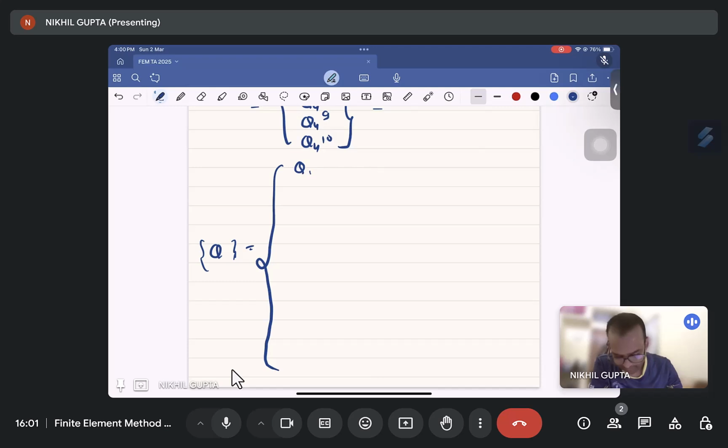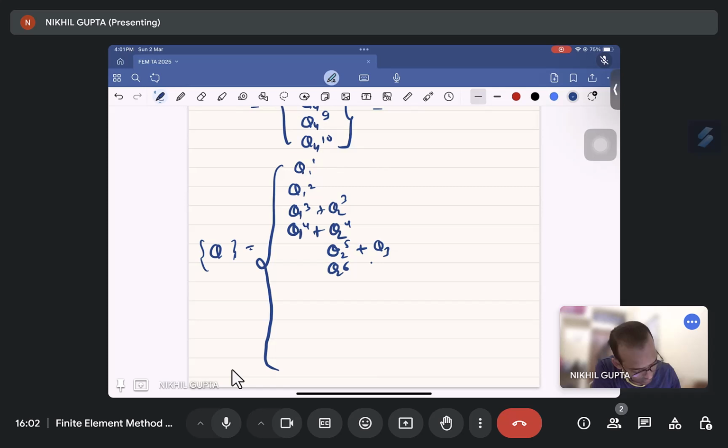It will be Q1 plus Q2. This was for 1, 2, 3, 4, and 3, 4, 5, 6 plus Q3, with 3, 4, 5, 6, then 5, 6, 7, 8.